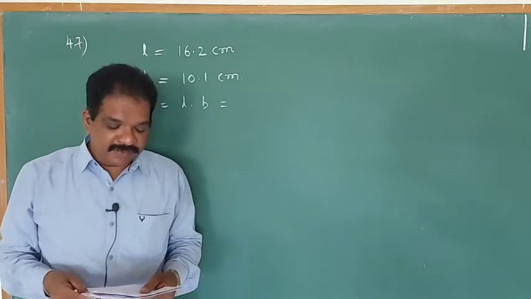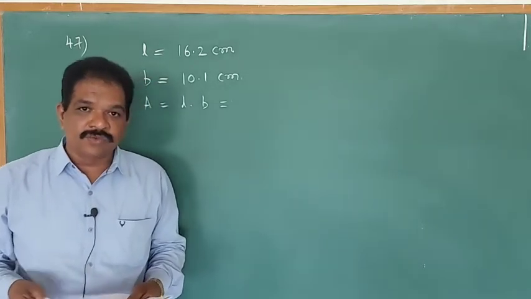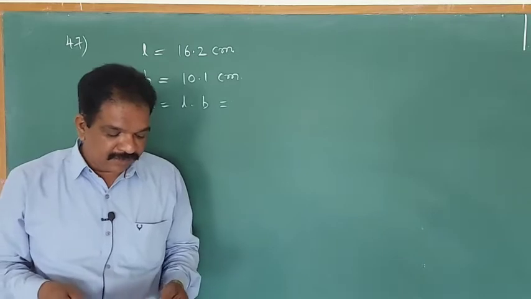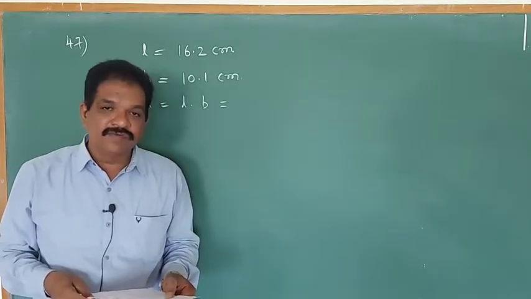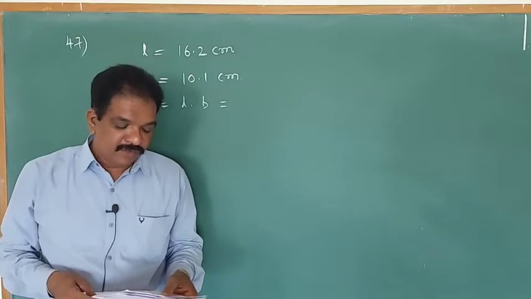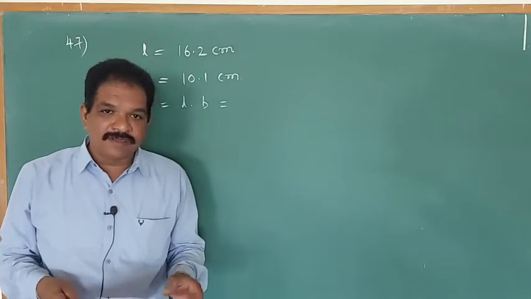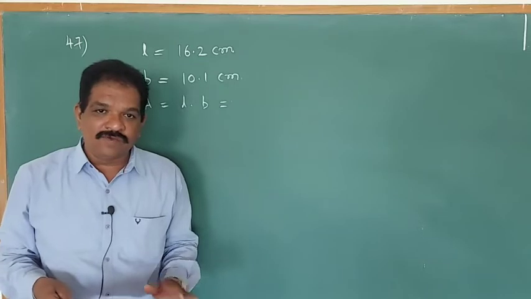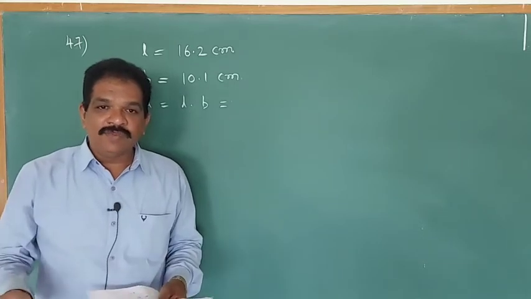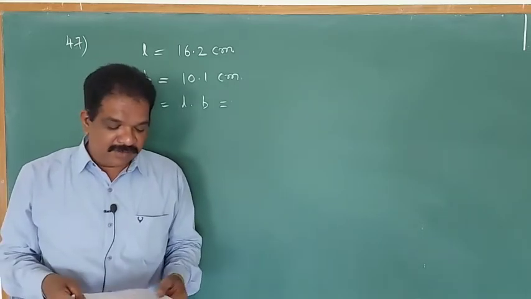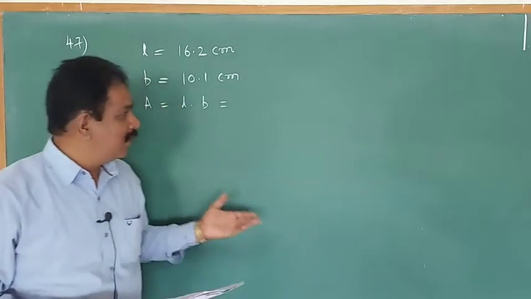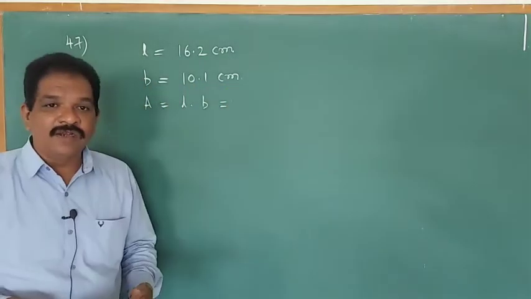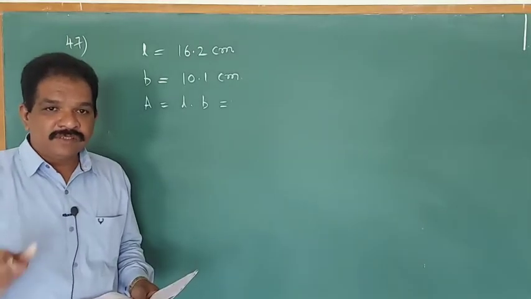Second option 163.62, 5 significant figures. Third option 163.6, 4 significant figures. Fourth option 163.62, 5 significant figures. Obviously the answer means first one, because final answer will also have 3 significant figures.